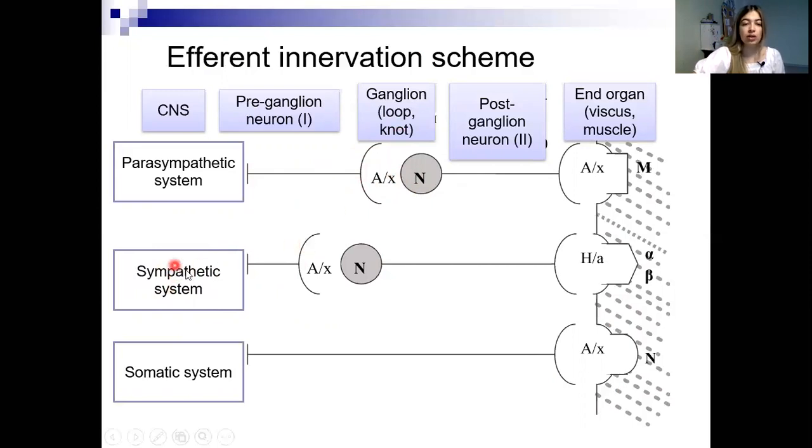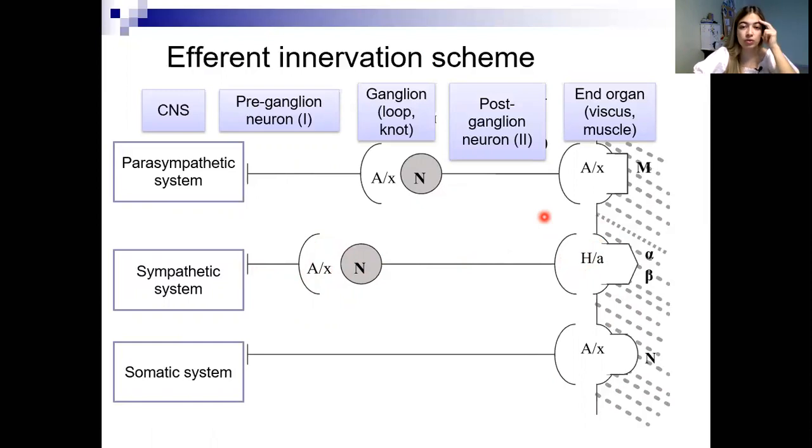And talking about sympathetic ganglia, they are located nearby the spinal cord. So that's why this part is very short, and then the second neuron, the postganglionic neuron, goes to the site of action, to the organ. Okay, what else? This was the number one difference.